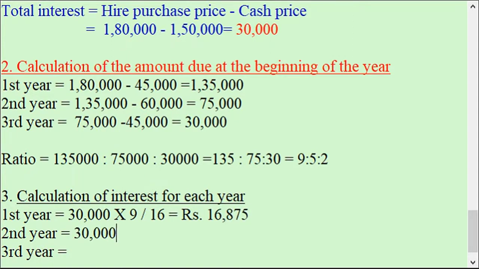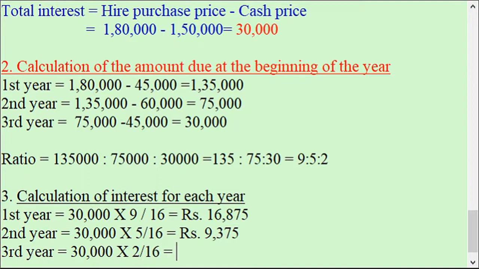Second year 30,000 into 5 divided by 16, 9,375. Third year 30,000 into 2 divided by 16, rupees 3,750. So these are the amount of interest for each year.